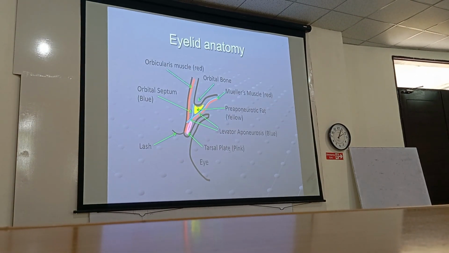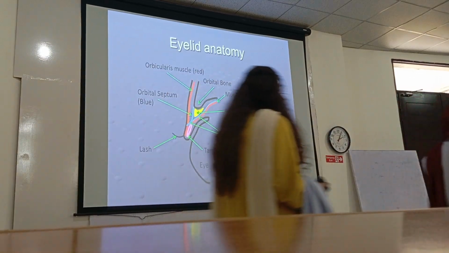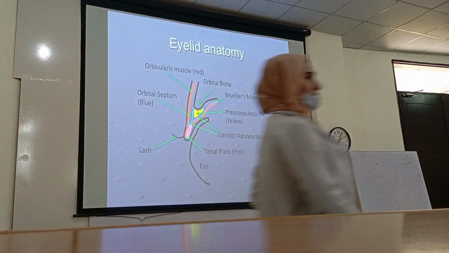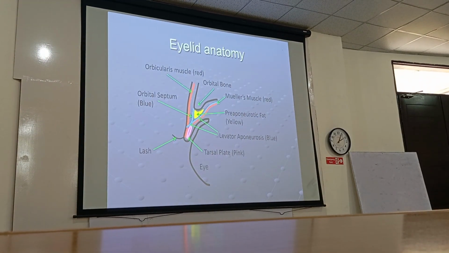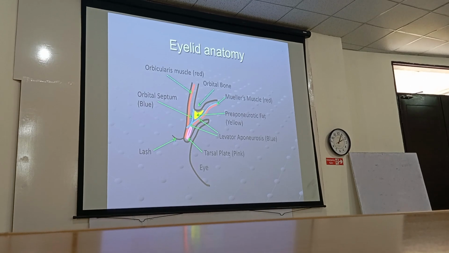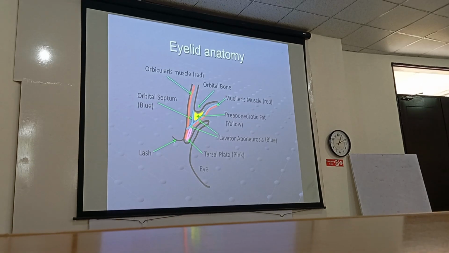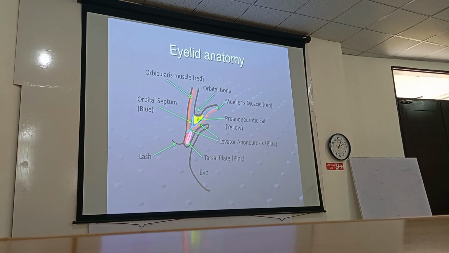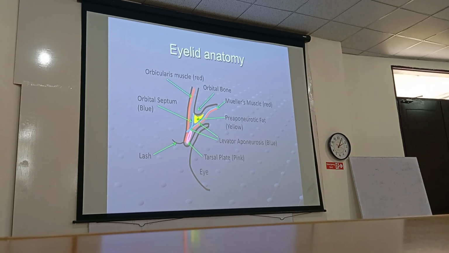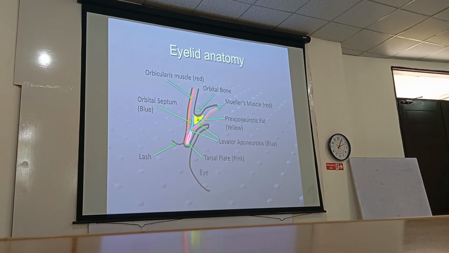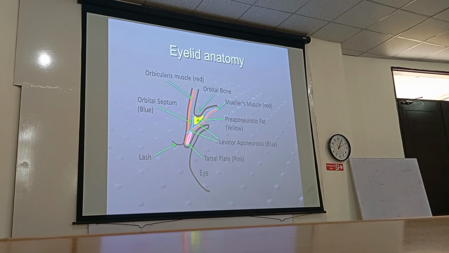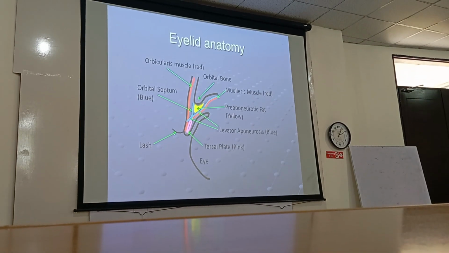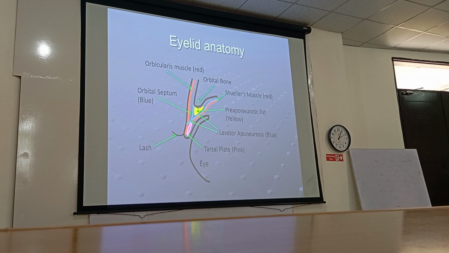The second layer is the subcutaneous tissue, which contains blood vessels and nerves. The third layer is the muscular layer, which contains orbicularis oculi, which closes the eye, and levator palpebrae superioris, which elevates the upper eyelid.